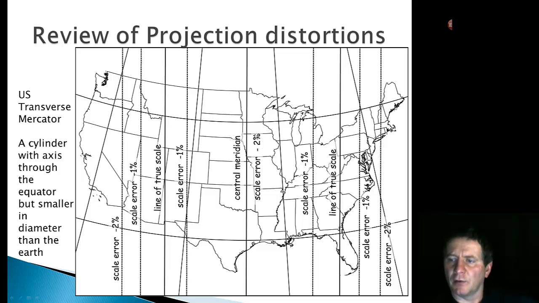And then we would be getting compressed. So these are distortions to make things smaller by 2% into the central. And then over here it's true scale, sort of cutting through Erie. And then as you move off, again you get distortion errors.